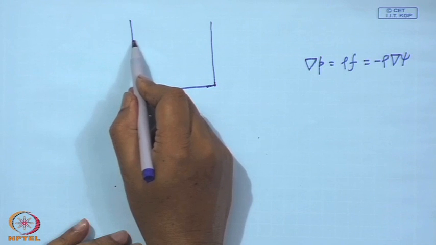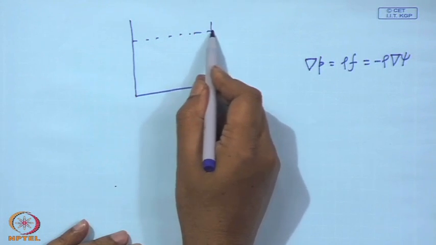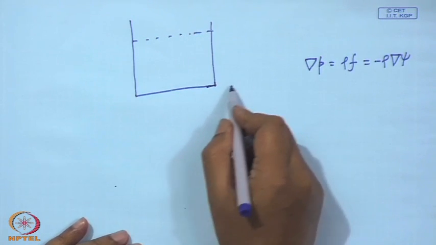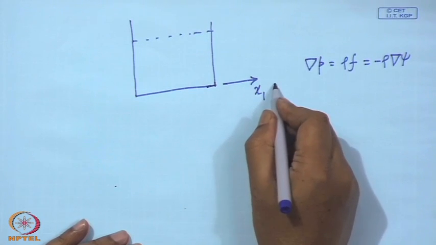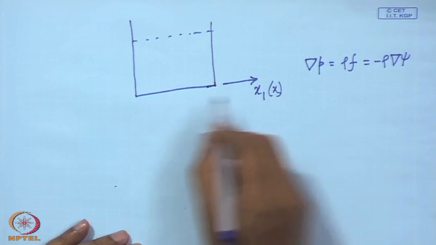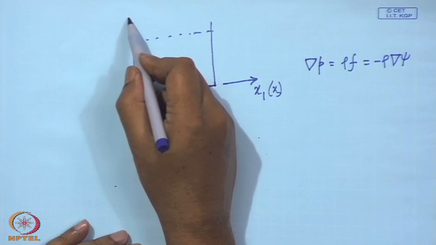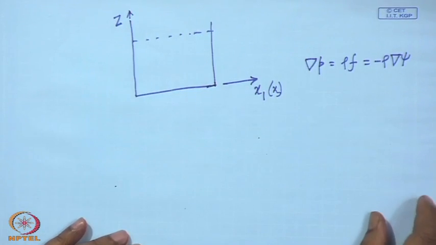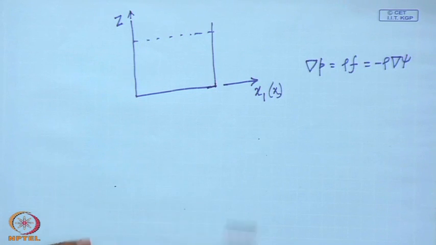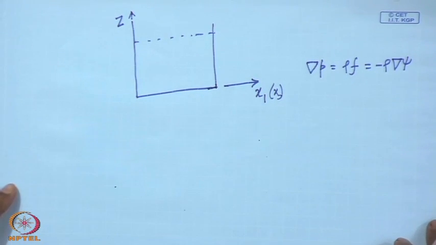Okay. So, if we consider that example, I think you have already done it. Let us say that this is fluid and we denote this x1, or if you want we can now write x also. We call this direction z, and the direction perpendicular to this plane is y.